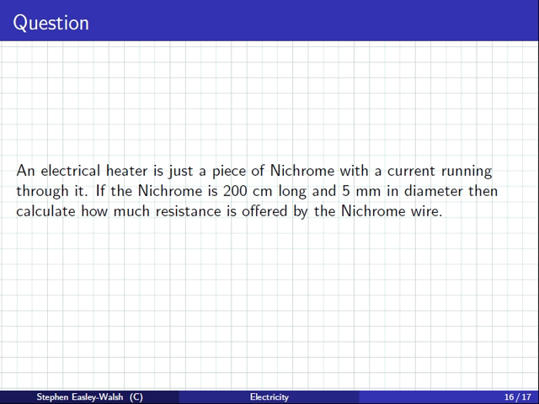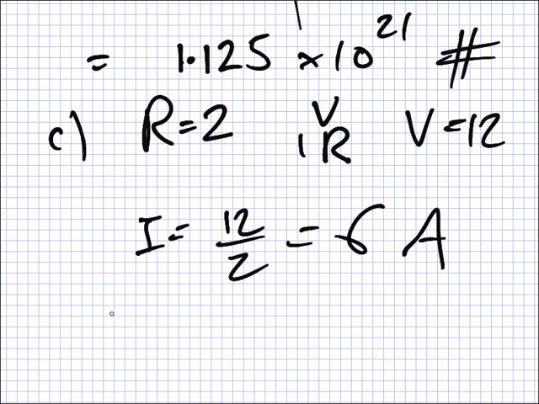What you got, Dorian? 0.112. Okay. I guess I didn't pick realistic numbers, that seems a bit small. Anyways, how do we calculate it? So, R equals rho. What's the rho for nichrome? 1.1 times 10^-6.